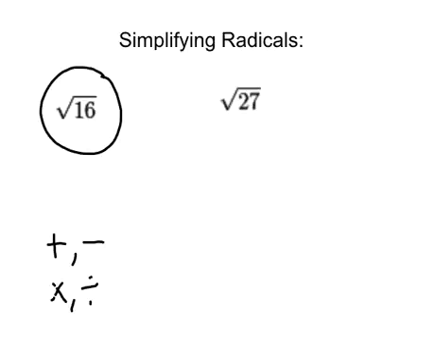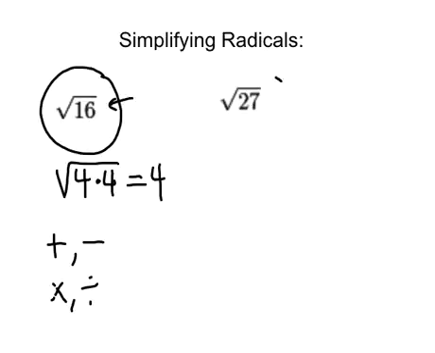So I'm thinking of 16 as a number that's been multiplied times itself. I have to think of two numbers that I can multiply together to give me 16. So 16 is made out of 4 times 4, which tells me that the square root of 16 is equal to 4. It's the number times itself that equals 16.